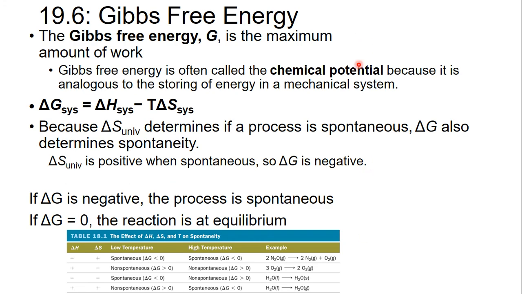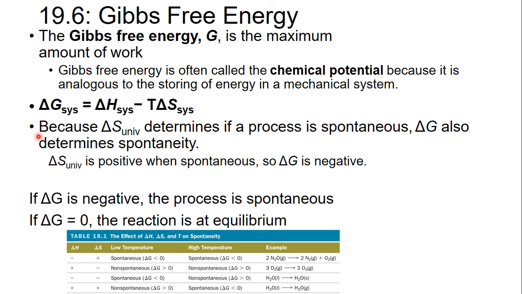And when we talk about reactions that are spontaneous or not, we don't really look at entropy of the universe because that's really hard to measure. What we do is we look at Gibbs free energy, because all we're worried about with Gibbs free energy are systems. So delta G of a system equals delta H system minus T times delta S system.